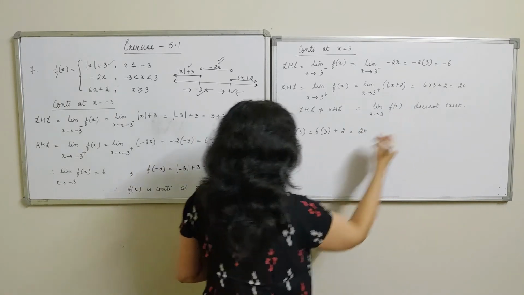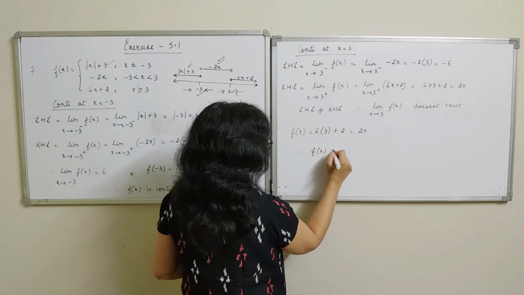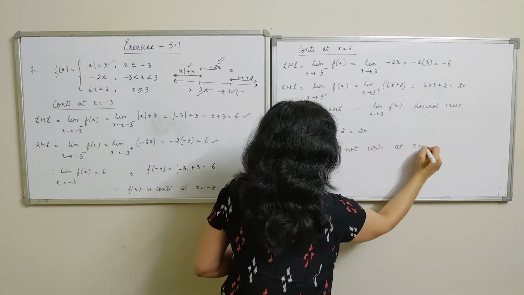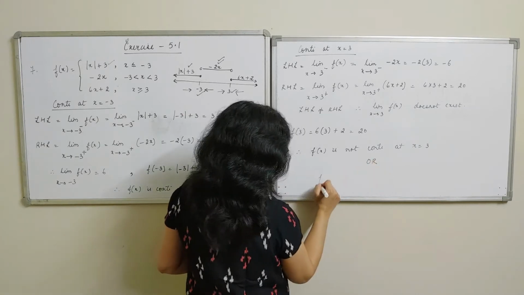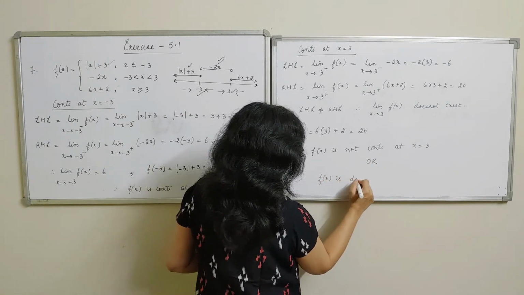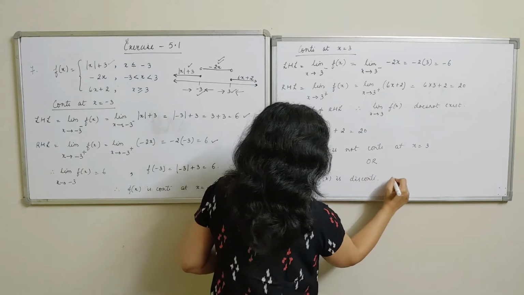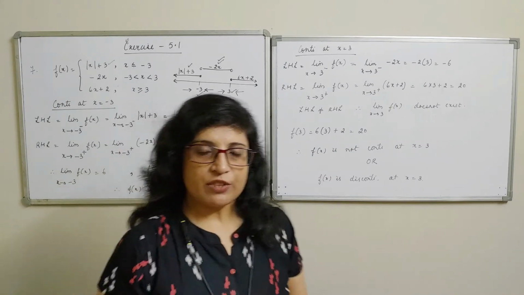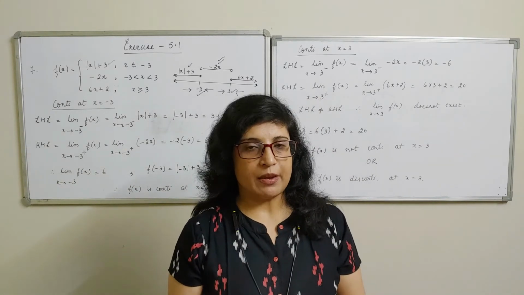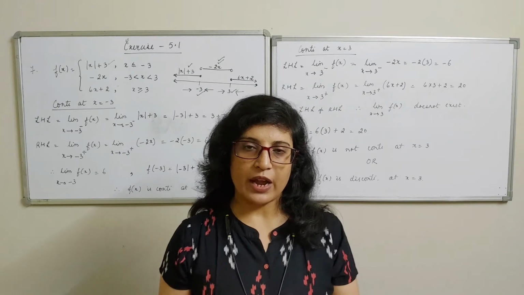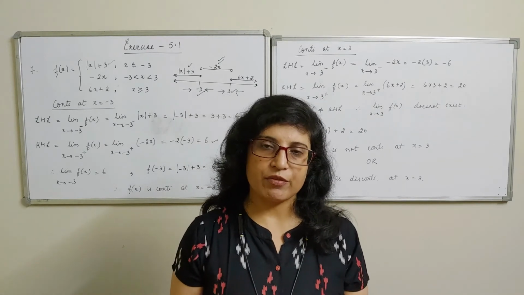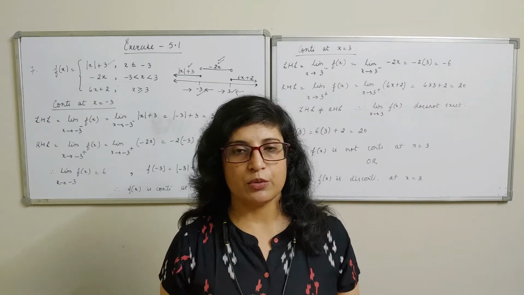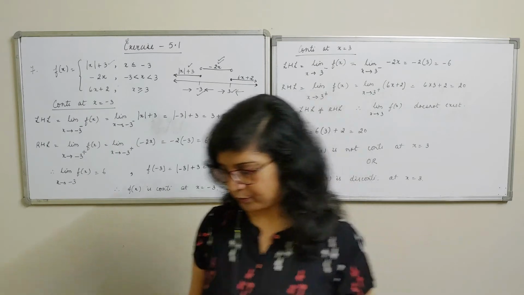The limit does not exist, therefore the function is not continuous at the point x is equal to 3, or you can write down that the function is discontinuous at x is equal to 3. So in this question, we have seen that the domain of the function was defined about 2 points, minus 3 and plus 3. At each of these points, we checked the continuity and we found that the function is continuous at x is equal to minus 3 and it is not continuous at x is equal to positive 3.